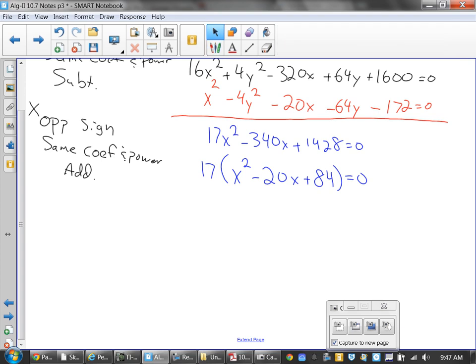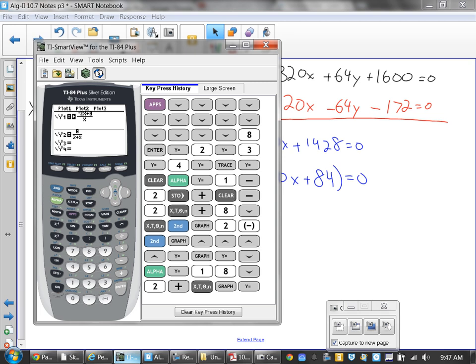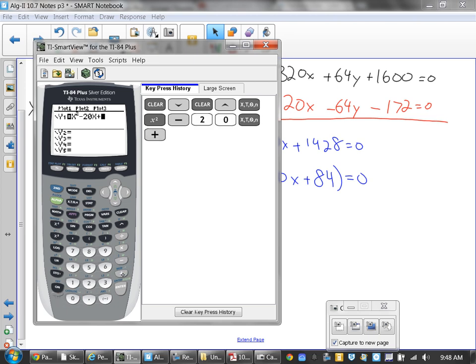Do you guys remember how to do the table? No. All right. In our table, go to your table, it was x squared minus 20x plus 84.